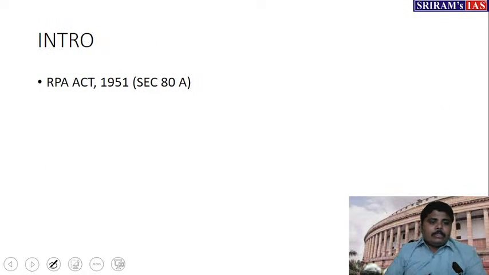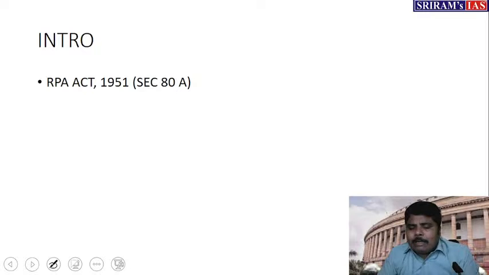So first thing, Representation of People Act 1951, that we need to clearly understand. Why are we having this RPA Act 1951, and what are the things we are supposed to do under this RPA Act? Generally speaking, whenever there is a section, for example section 80A of the RPA Act, sir, I don't know the sections, I can't remember those things, no problem.